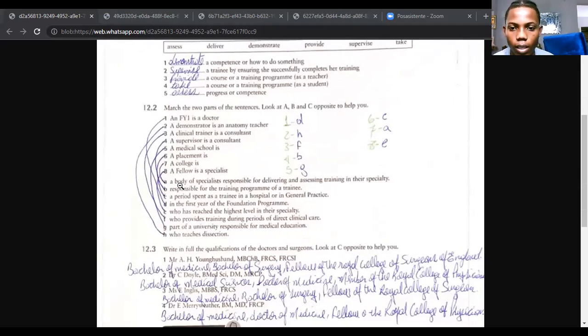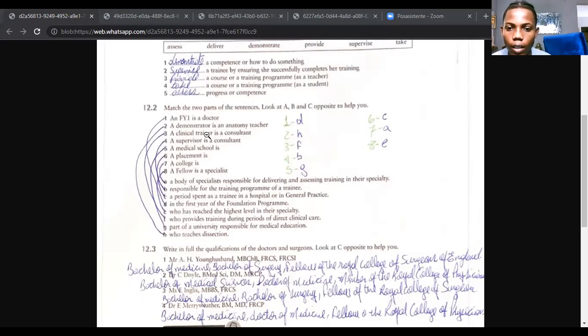Enlaza las dos partes de las oraciones. Un first year, primer año, uno, es un doctor, que va con la D, en el primer año del programa de fundación. Un demostrador es un profesor de anatomía, H, que enseña la disección.